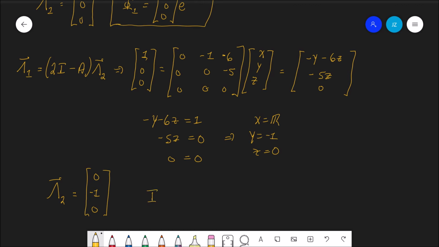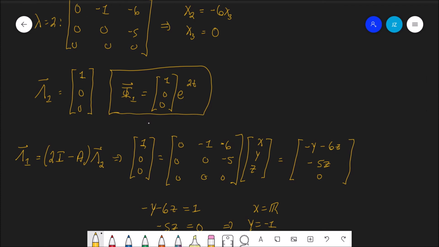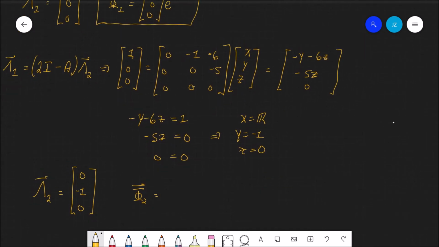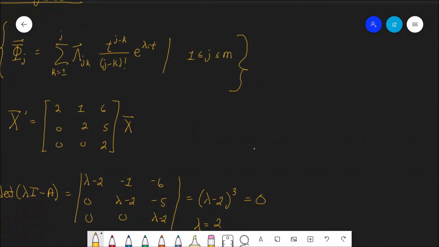So our second solution will be our first vector, so (1, 0, 0) e to the 2t, plus, now, this new eigenvector, (0, minus 1, 0), coming back up to the form, times t to the 2 minus 1 over 2 minus 1 factorial, and then that e.